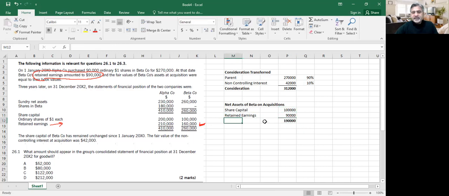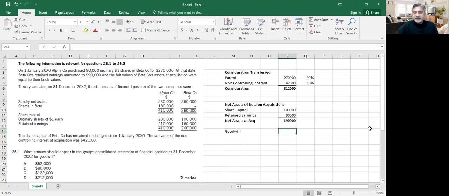So I can say that my net assets, and I would call it again, net assets at acquisition, very important, at acquisition. So it means that on January 1st, 2000, when this business was acquired, the business had a book value of 190,000 and it was paid 312,000, which means that extra amount which was paid, we call it goodwill.